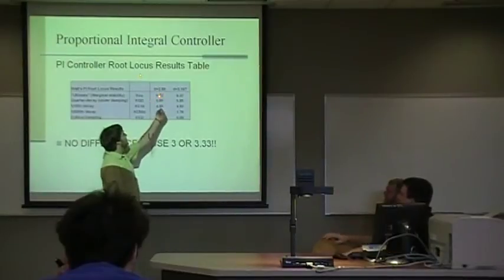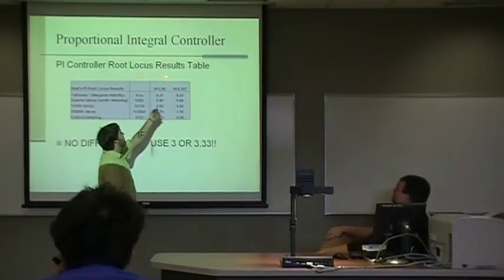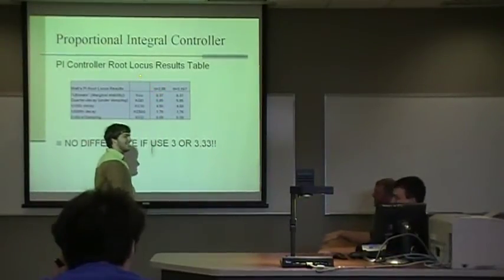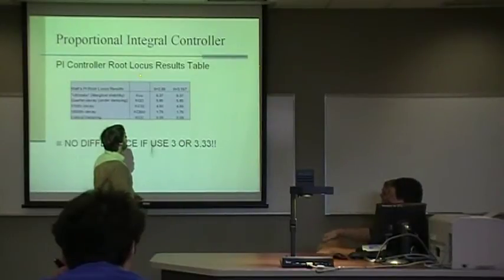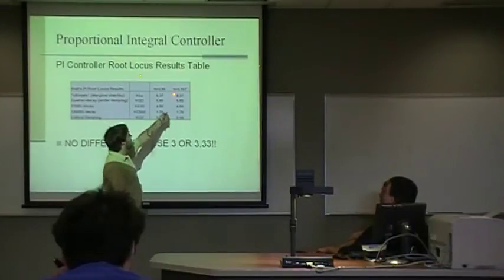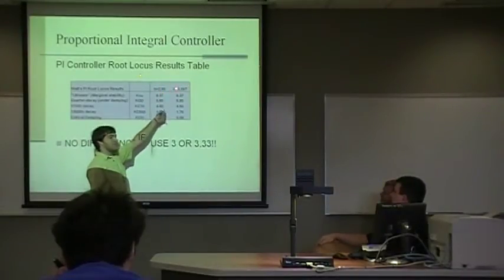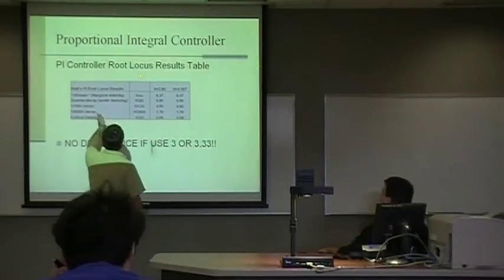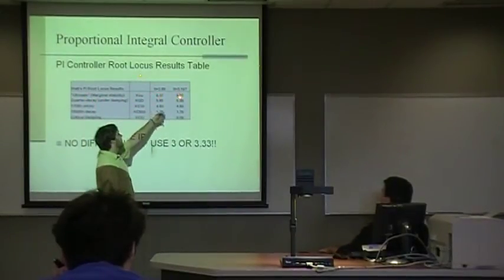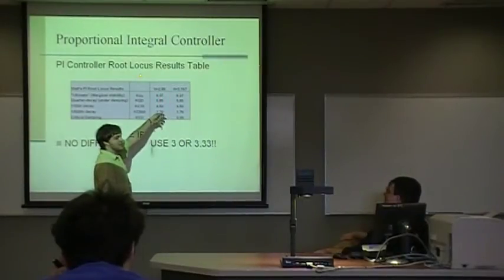For this, that's the 3, and then 3.197 is the 3.33 times T0. So you did get different numbers here, but it turns out the ultimate KC is exactly the same. If you use 3 or 3.33, watch it, look at this.